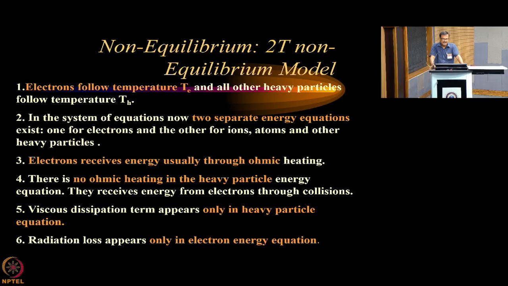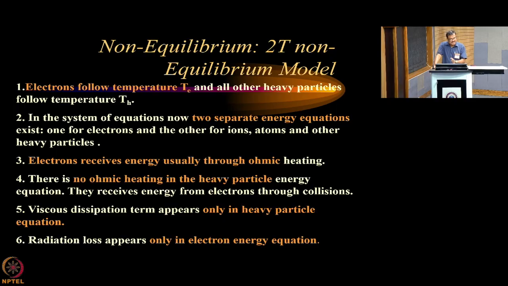Then the viscous dissipation term appears only in the heavy particle equation, because the electrons are highly mobile, and the viscous dissipation takes care of the frictional force. When one layer tries to slip over another layer, this force appears and this causes heating. So that will appear only in the heavy particles.